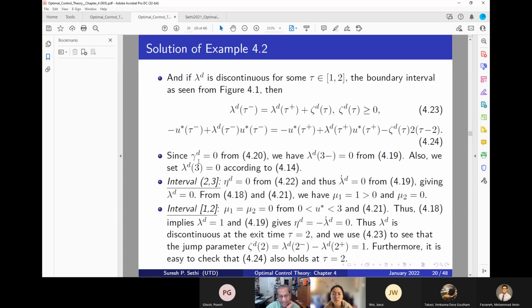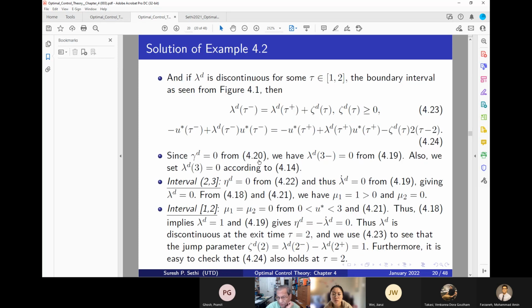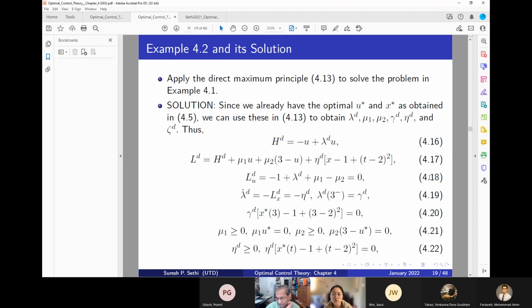So for example, gamma d is equal to 0 from 4.20 right here, because this on this side is not 0, so gamma d has to be equal to 0. So if gamma d is 0 from 4.20, then we have lambda d at 3 minus equal to 0 from 4.19. So this is how we have to go one by one.